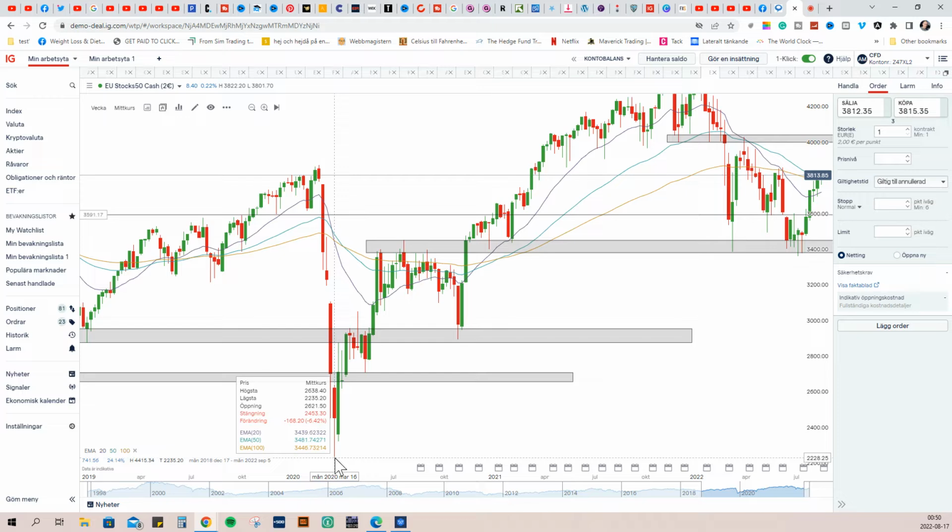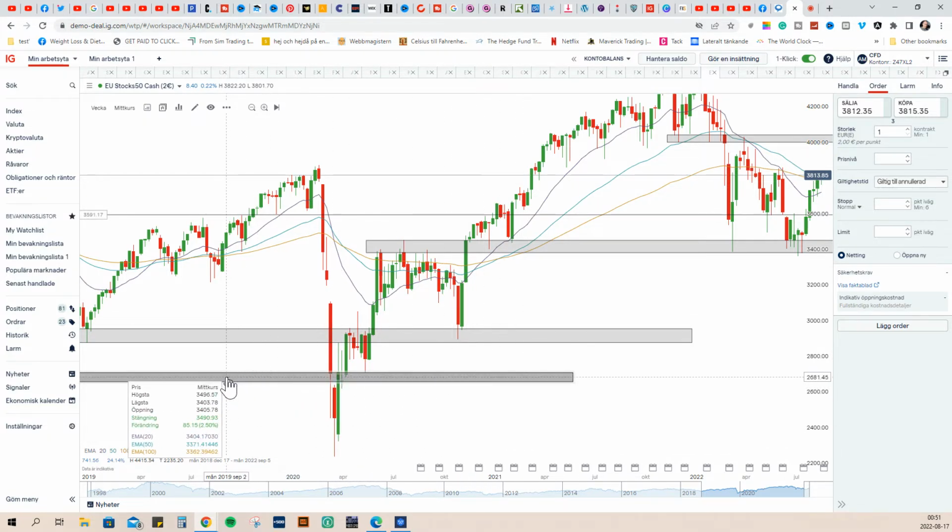But buyers pushed the sellers back, and you can see that this wick here is a bullish wick. The buyers stepping in, and the second candlestick bar here closes inside this value box.